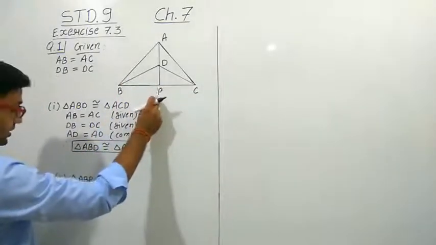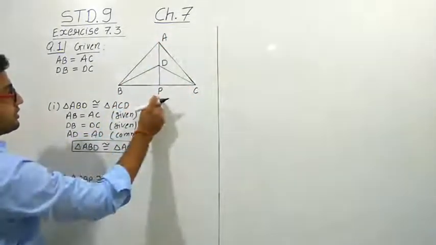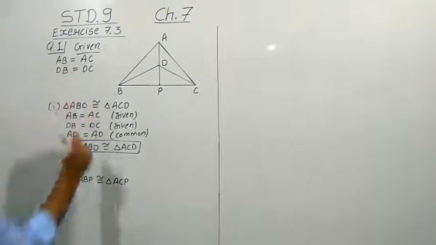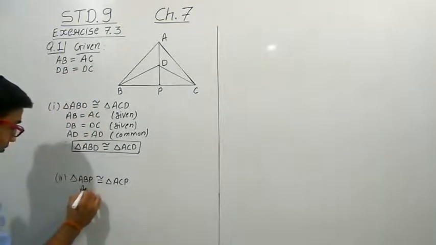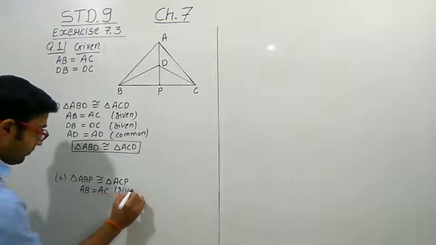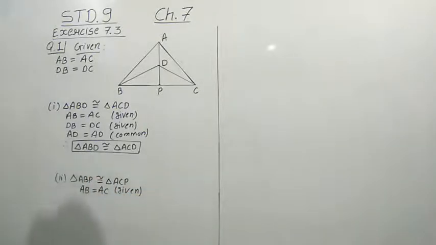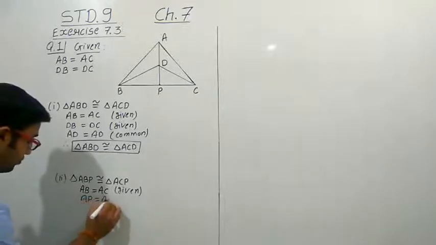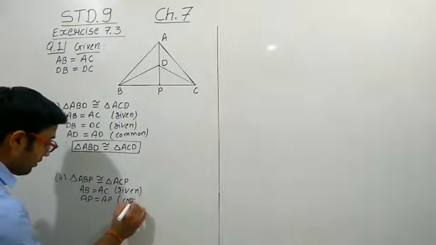ABP is this triangle and ACP is this triangle. So the things we can write down here: one, we are already given that AB is equal to AC. This is the given condition. Second, we can write down that AP is common. So side AP is equal to AP. This is the common side.